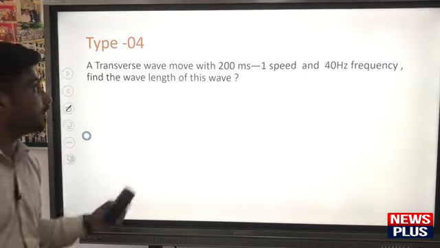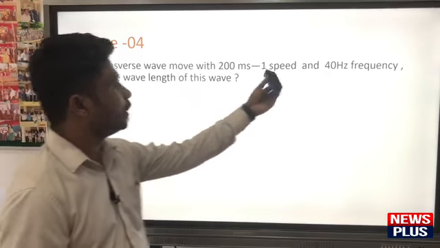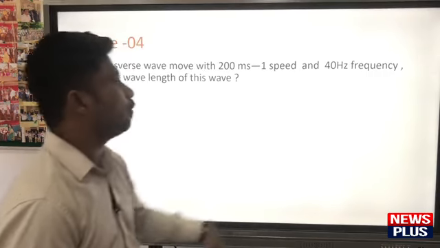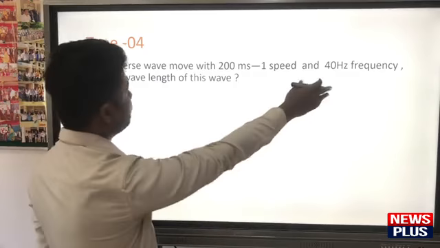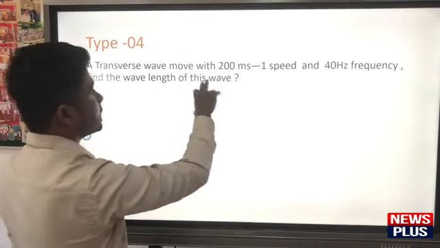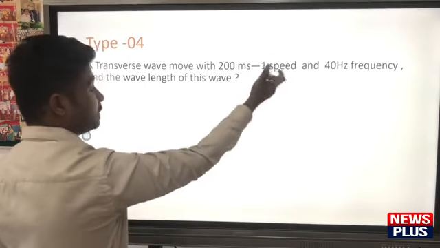The next question, type 4. A transverse wave moves with 200 ms minus 1 speed and frequency 40 hertz. Find the wavelength. What is given?